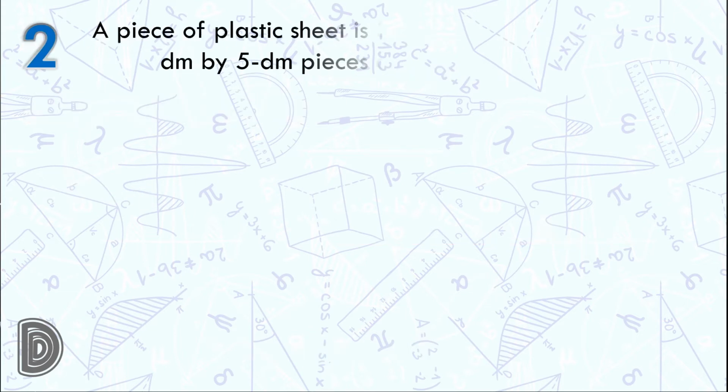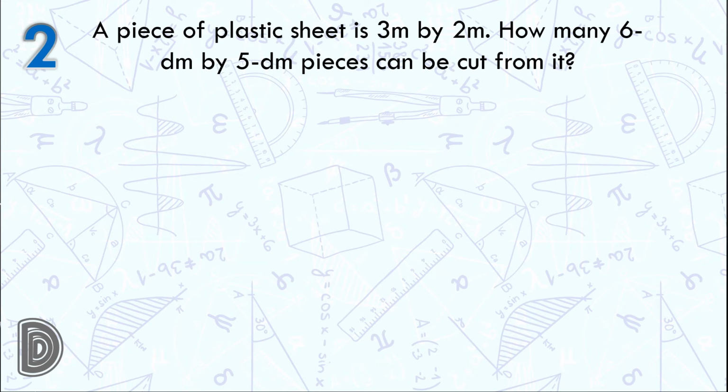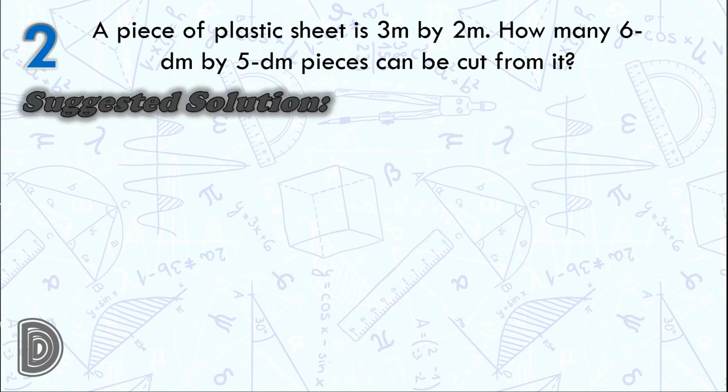Question number 2. A piece of plastic sheet is 3 meters by 2 meters. How many 6 decimeter by 5 decimeter pieces can be cut from it? Here is our suggested solution. The length of the plastic sheet is 3 meters, equivalent to 30 decimeters. Hence, we can have 5 cuts from this side, that is 5 times 6 decimeter cuts.